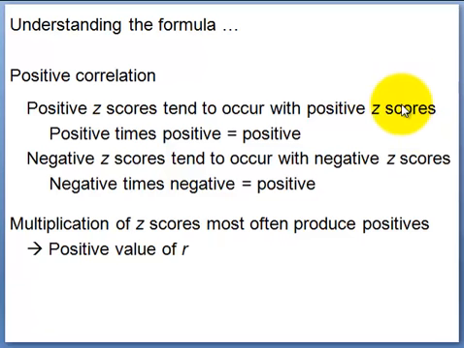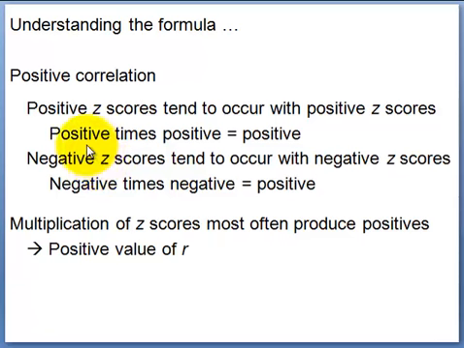That's the notion of highs going with highs. And positive correlation is also conveying to us that negative z-scores will tend to occur together. If the case is low on x, it's very likely going to be low on y.